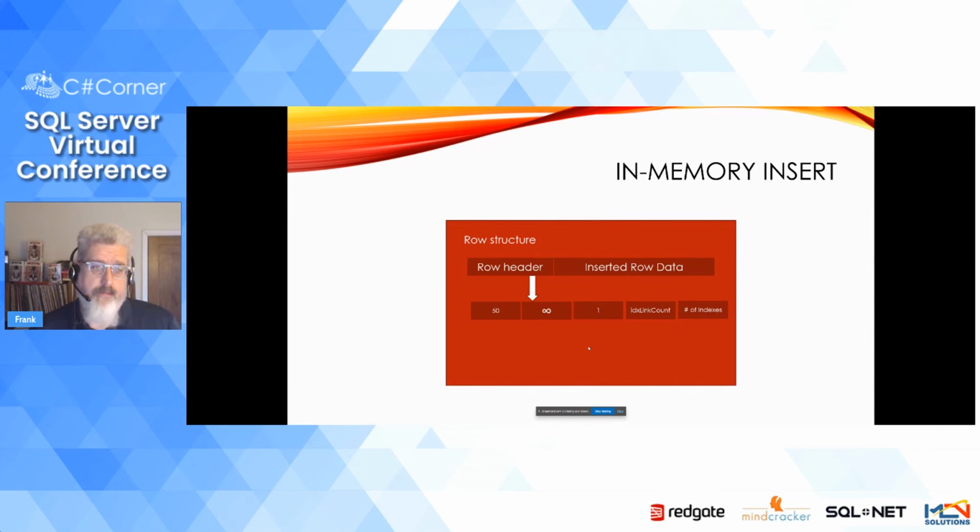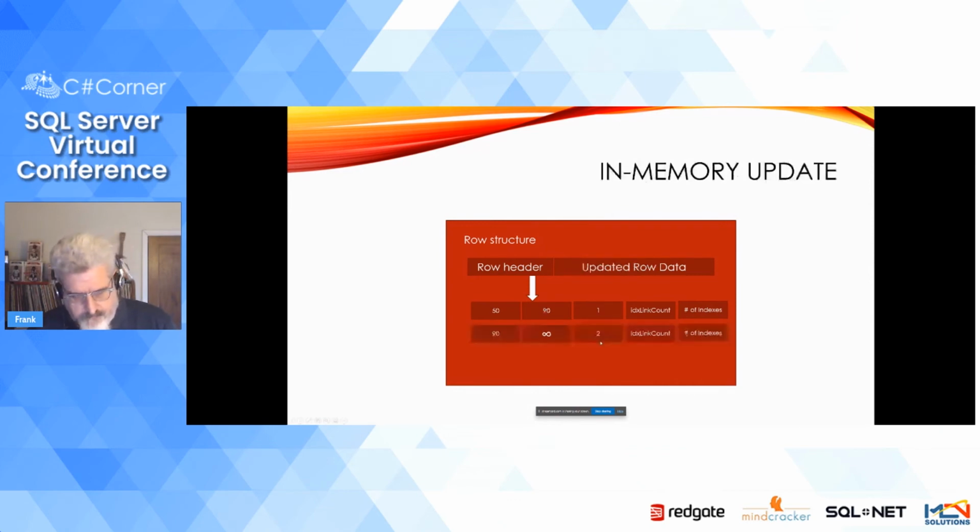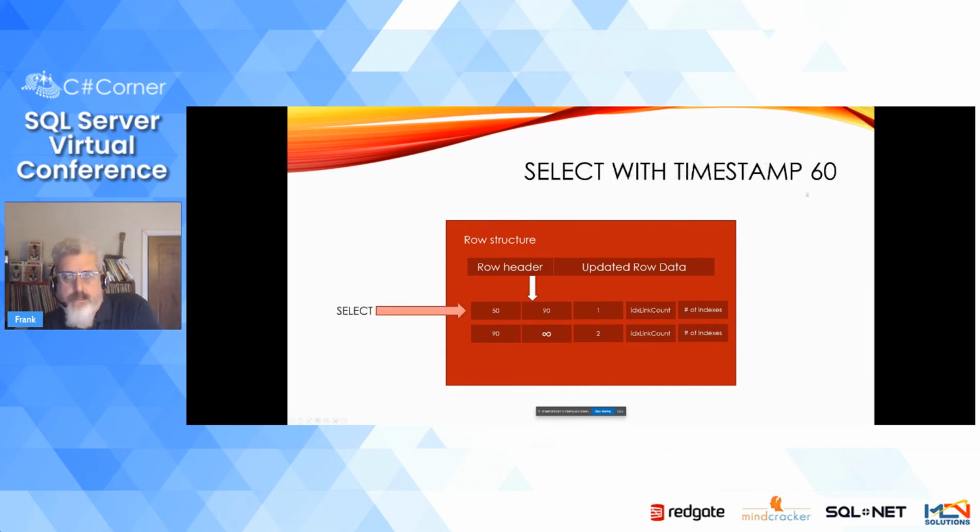So then if I update that row that has been inserted, my end timestamp for my inserted row gets switched to the start timestamp of the update, and then the end timestamp of my update is that high value. And what this allows SQL Server to do is if somebody comes in to access this row with a timestamp of 60, because 60 is between 50 and 90, it's going to hit this row.